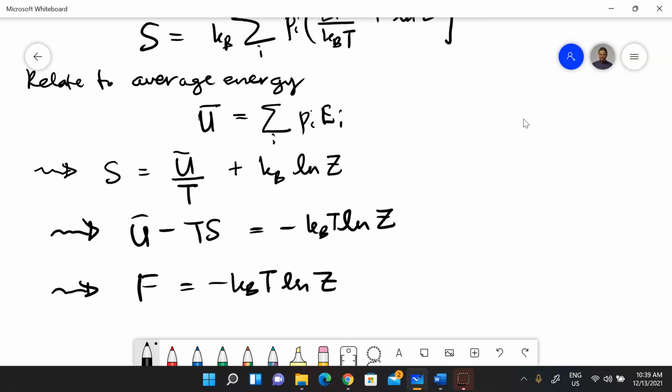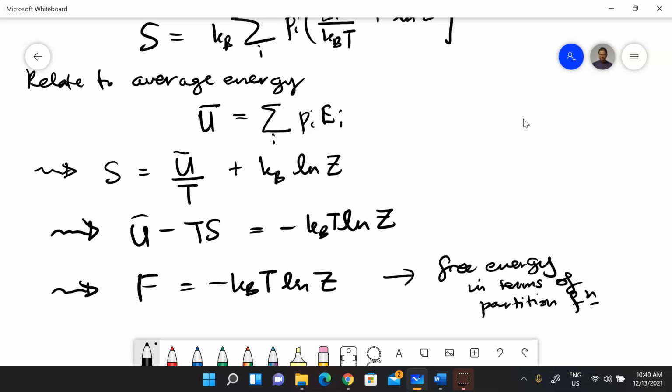So in other words, we have now written your free energy in terms of partition function, or one can think of the other way around as well. Your partition function is related to your free energy.